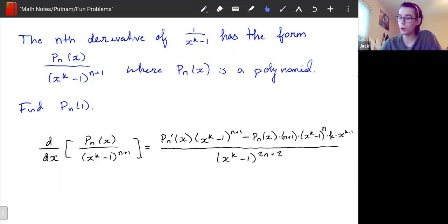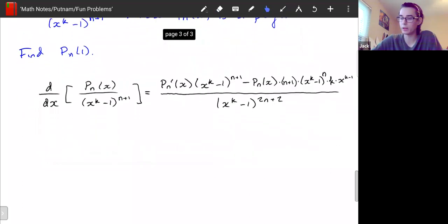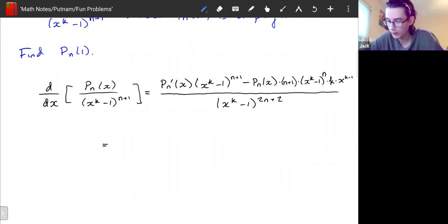Okay, so the next step is putting what we just computed into this form up here. Let's see what we get. The very first thing I notice is we can factor out x to the power of k minus 1 n times, because we have n plus 1 here and n of them here.